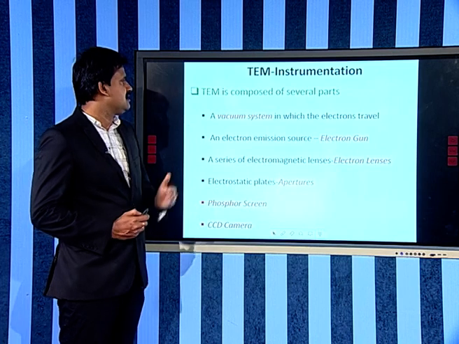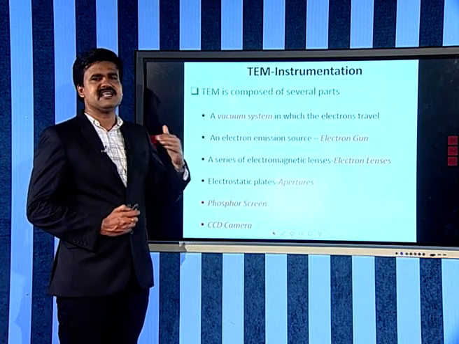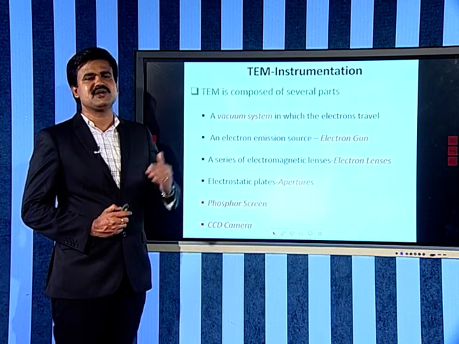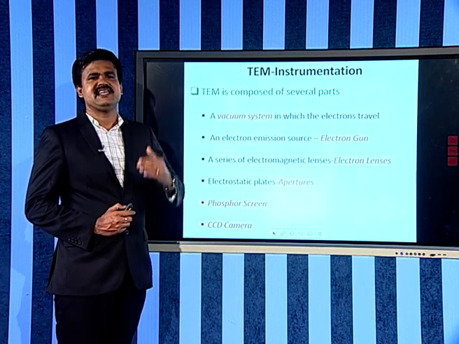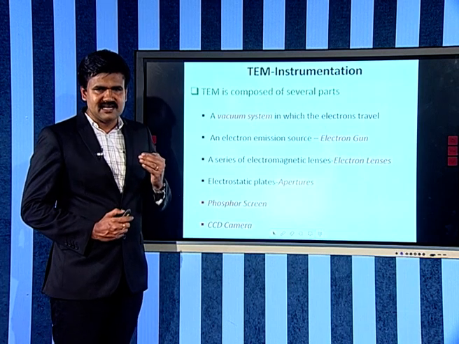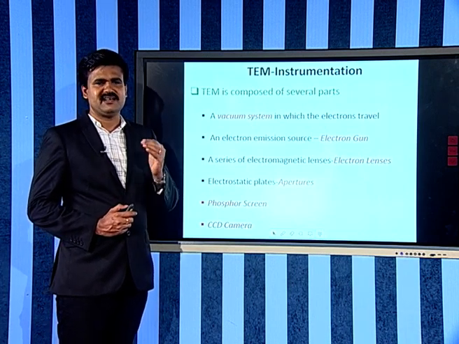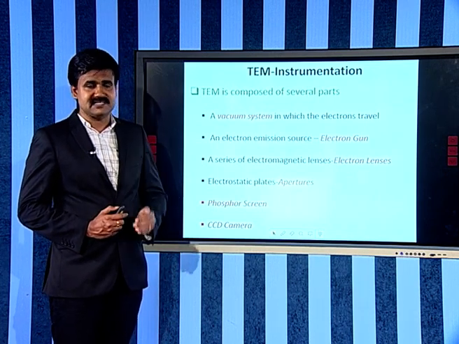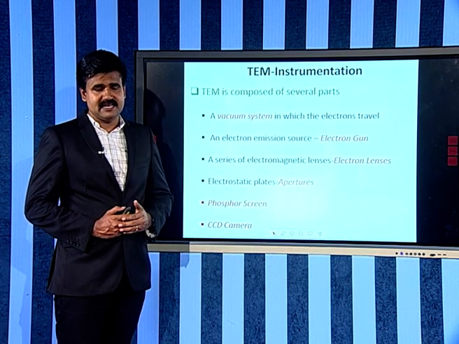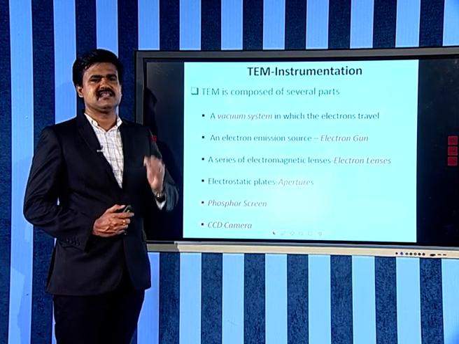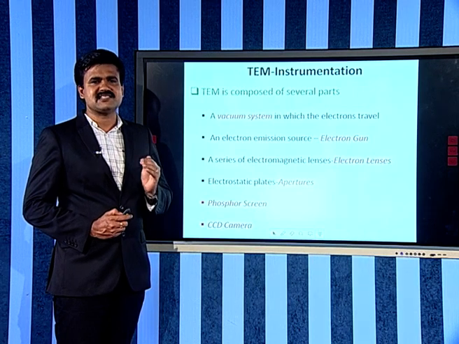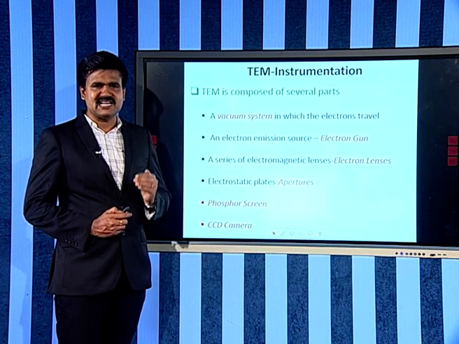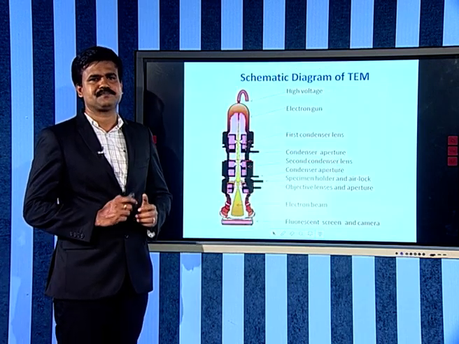The parts are a vacuum system in which the electrons are traveling through, an electron emission source simply known as the electron gun, a series of electromagnetic lenses called electron lenses, electrostatic plates known as apertures, a phosphor screen, and a CCD camera, that is charge coupled device camera. These are the important components of a transmission electron microscope.